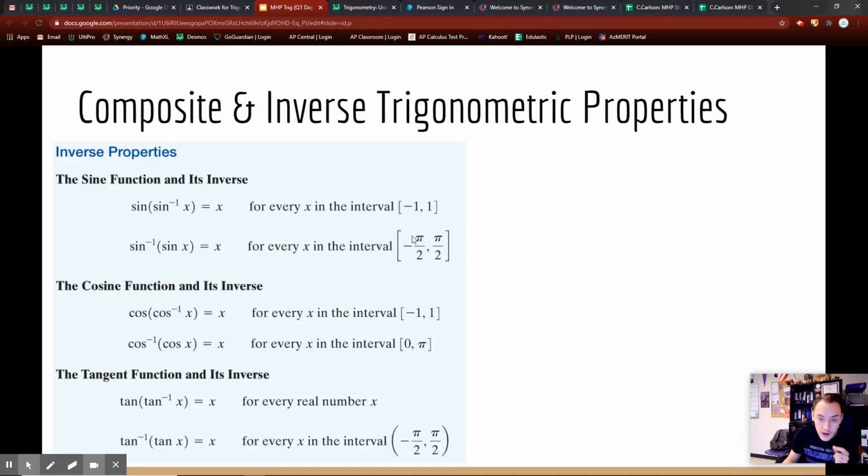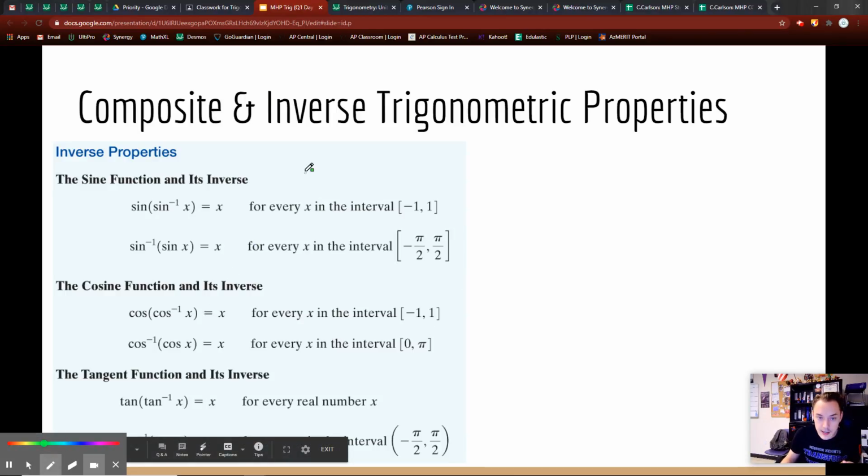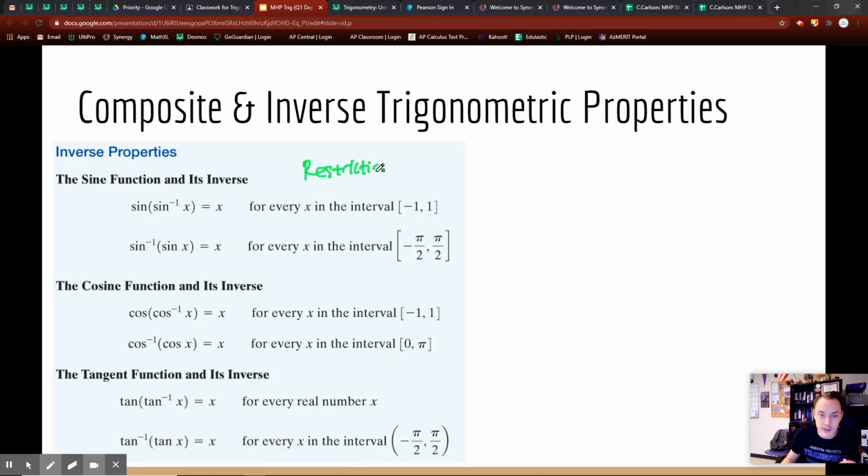What are these? Well, these are my restrictions. Off this side right here, these are my restrictions. What kind of restrictions? Well, it depends. This right here, your negative 1 to 1, is actually a range. Now this is a range too.